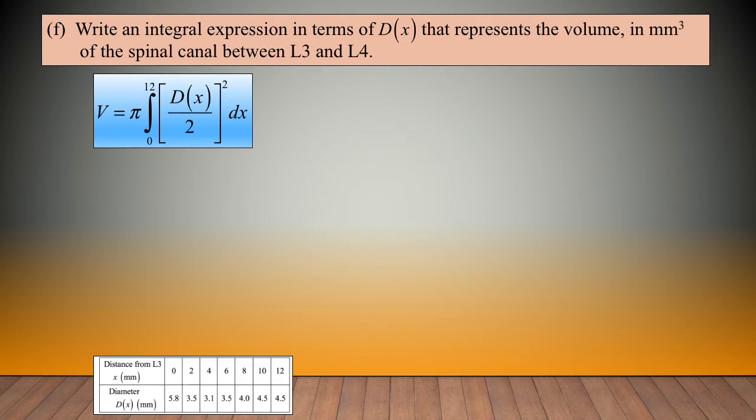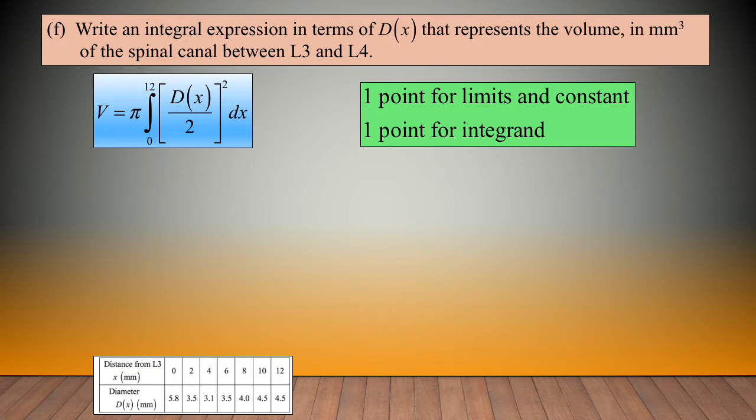The radius is d of x over 2, so V will equal pi integral from 0 to 12 of d of x over 2 squared dx. This is the disk method. 2 points for this problem, 1 point for the limits and constant, and 1 point for the integrand.